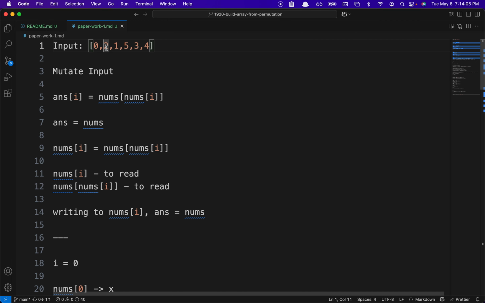What if, in this case, nums of 1 is 2 and nums of 2 is 1? So 1 will get written here. Let's look at it.